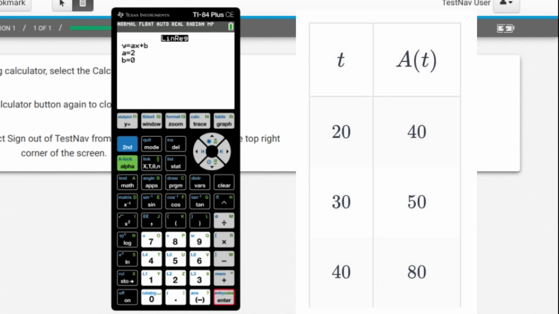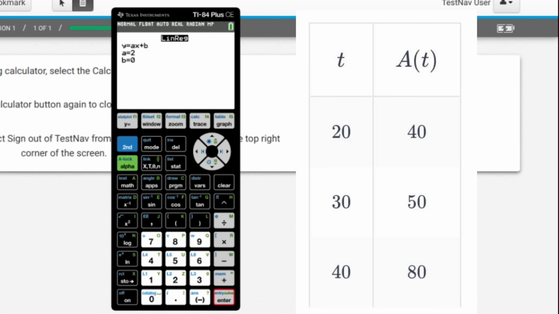It gives you a lovely function of y equals 2x plus 0, and we will write out the equation A of t equals 2t, and we care about when t is less than 20, okay? Or I guess maybe in this case we could do less than or equal to 20. So that's part 1 of the piecewise function, okay? Set that aside, remember it, because now we need to do the part that's quadratic.